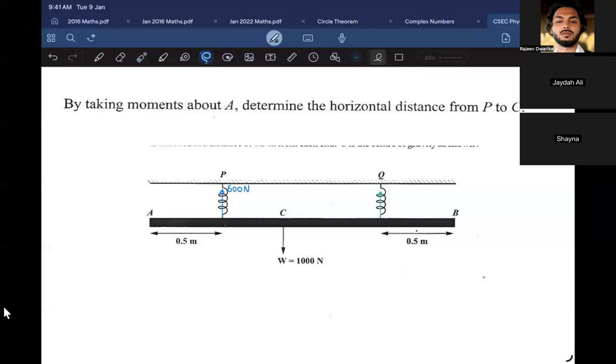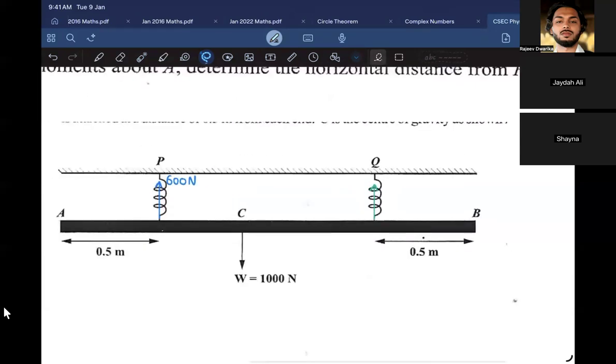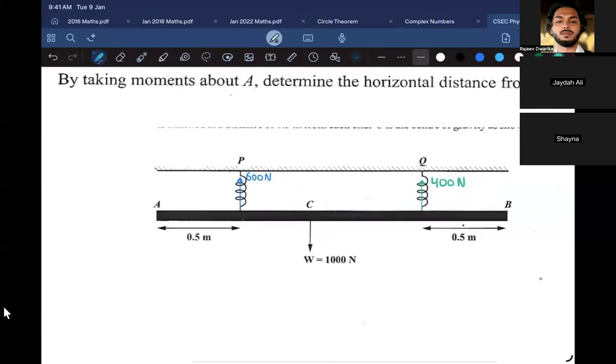Because it's telling us to take moments about A. I guess the two of you would have never seen a question like this, yes or no? Have you ever seen a question like this, where they tell you to take moments about A? I thought they'd tell us to take moments about P and Q, but that's fine. We'll still get through, right? Jada, have you ever seen a question like this? I think so.